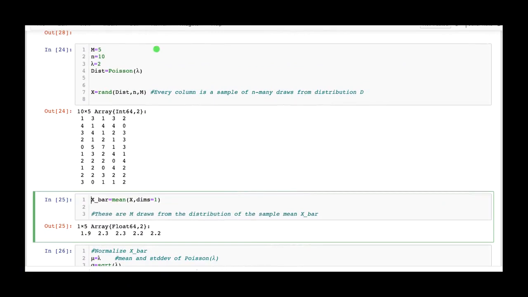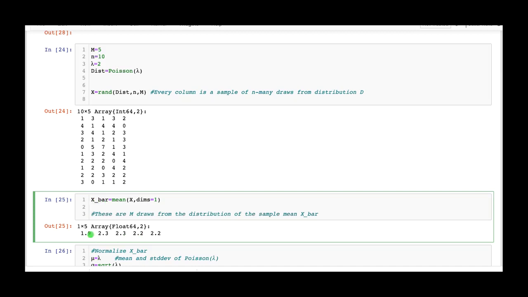Just an example to show how the central limit theorem works. We start with small numbers first. Here we have 5 samples, each consisting of 10 draws from the Poisson distribution with the rate parameter lambda equal to 2. So the first column is the first sample of 10 draws, the second column is the second sample of 10 draws, etc. If I take the mean of each of these samples, I obtain 5 means.